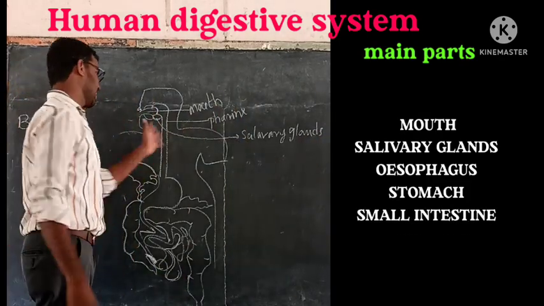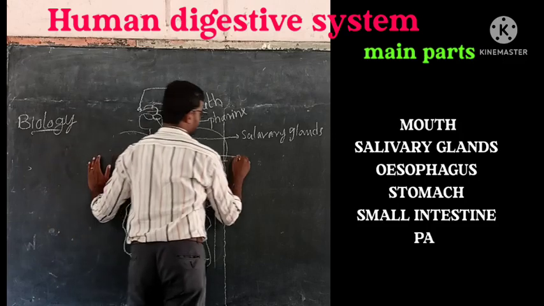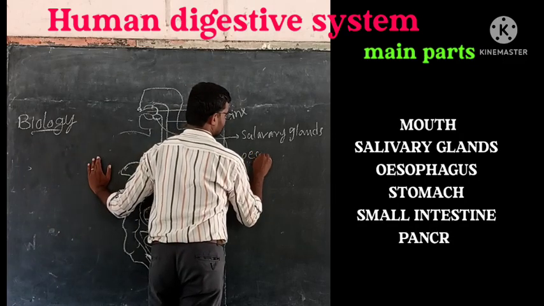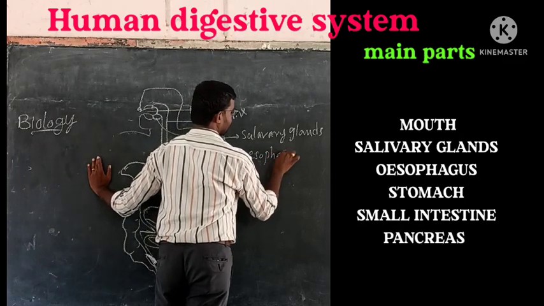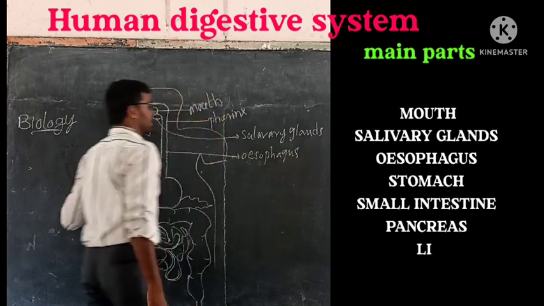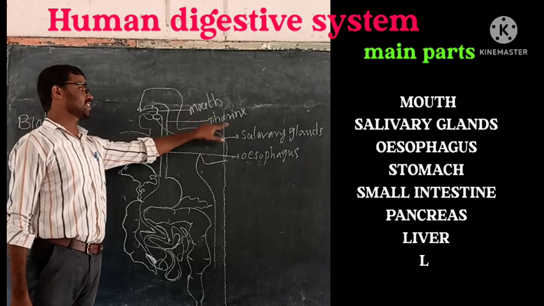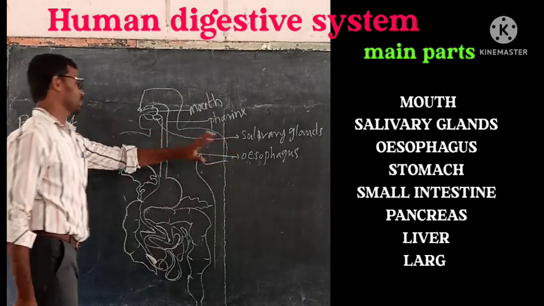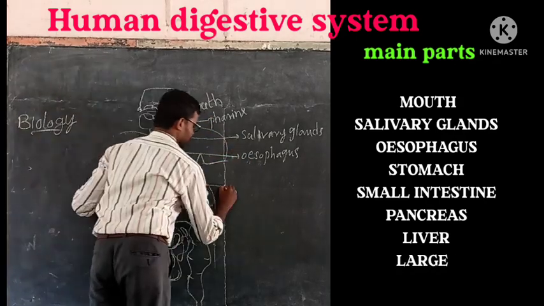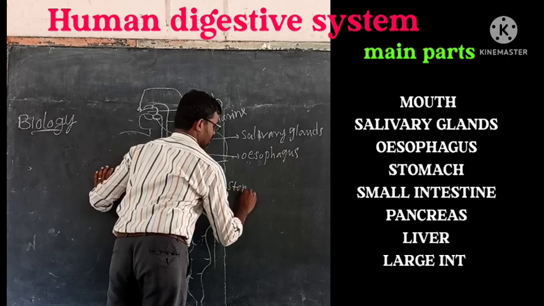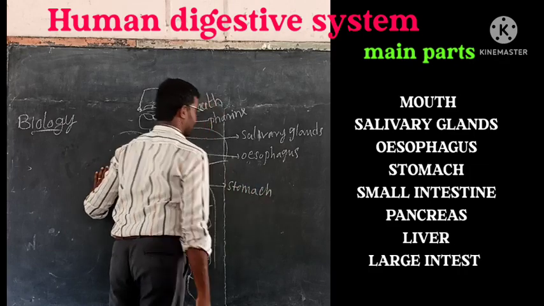I will explain. Next part is the esophagus. Mouth, pharynx, salivary glands, and esophagus. Next one, stomach.